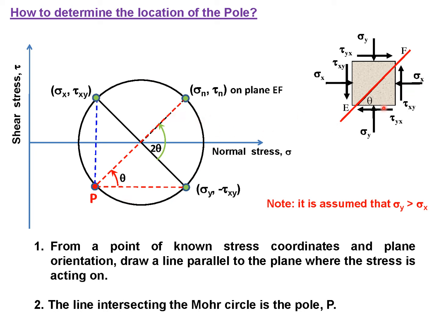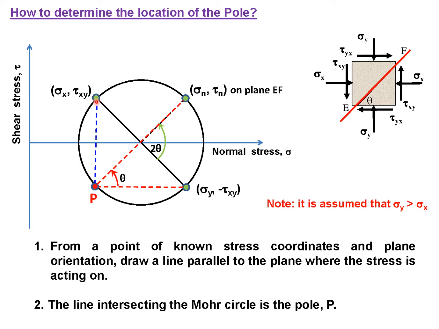Now to get the normal stress and the shear stress on this particular plane, one way is that you can measure the angle 2 theta, and then you can draw this line, and this point will give you sigma n and tau n. But if you just follow the pole method, in that method what to do?